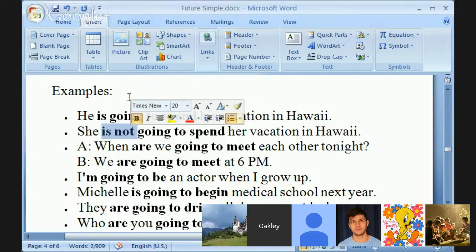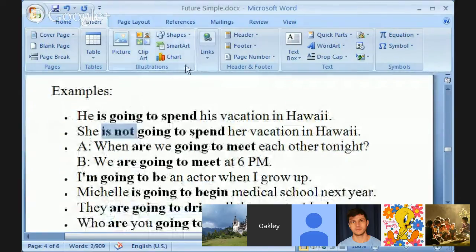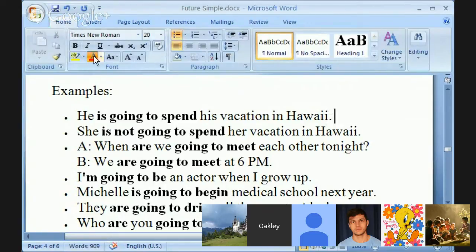Also, one other thing about this second future simple verb tense: pronunciation wise, it would be very normal to say it like this. He's gonna. It'd be very normal for me to pronounce this as gonna.